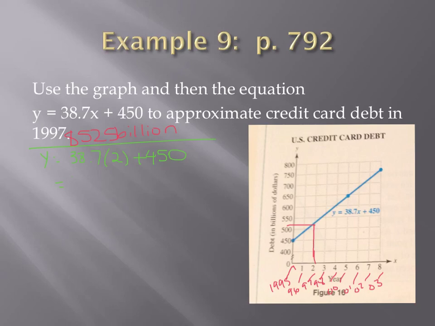So 38.7 times 2 is 77.4, plus 450 gives us $527.4 billion.